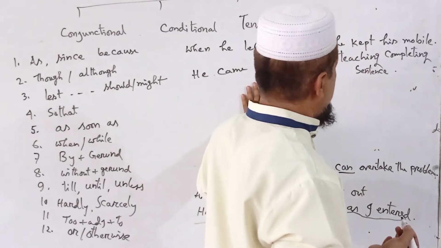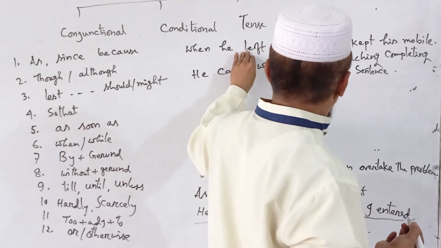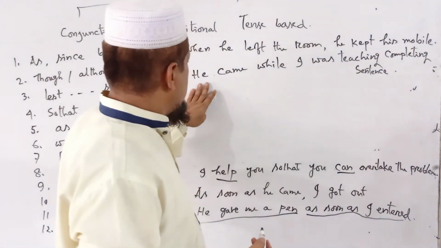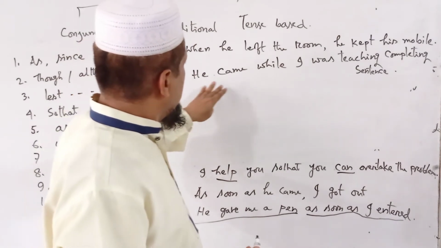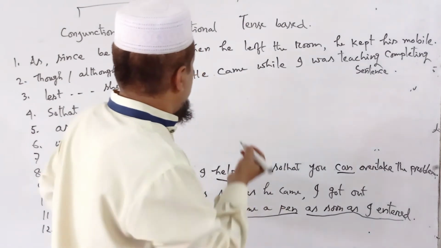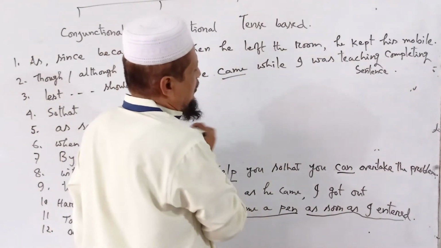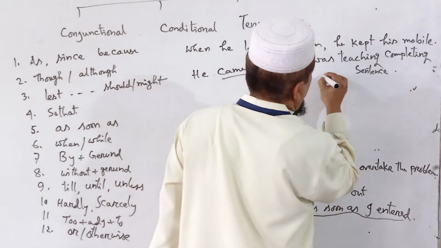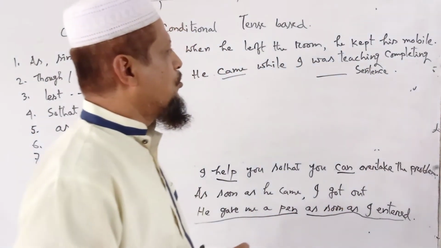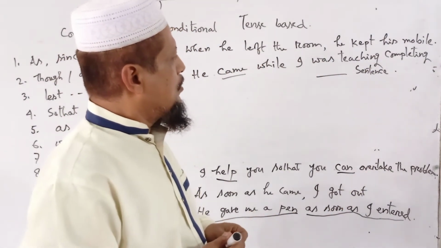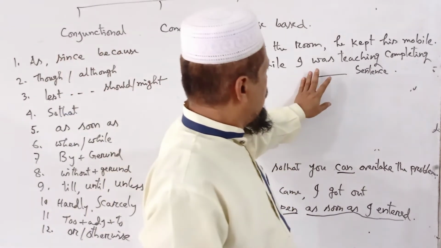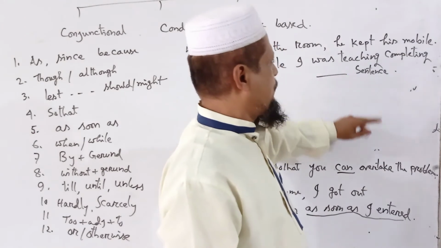But in case of while, he came while I was teaching. Here the first clause is past indefinite, but the second clause is past continuous. I add past continuous here to describe a longer duration of time.